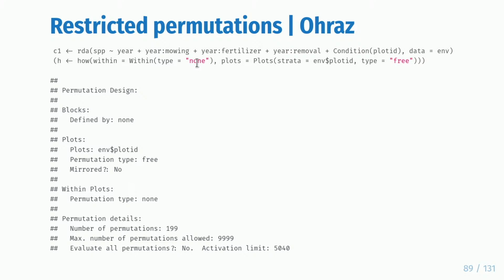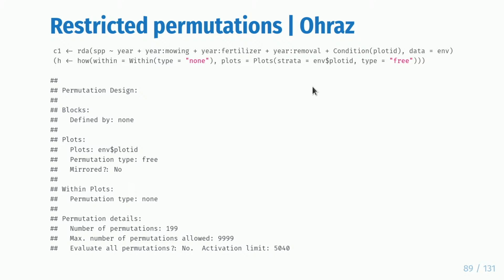So that's there. And with the plots, we tell it that the strata are the plot IDs from here, and then we tell it that we want to randomize the plots. And because these plots have equal numbers of samples within each plot, we can do this shuffling of the whole plots.